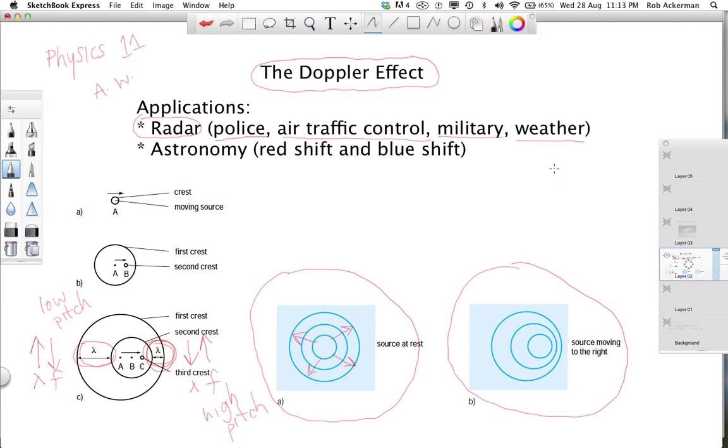One final example of Doppler effect in astronomy, and you should look this up. I'm going to spare you some time without going into it too much. But when astronomers look out at stars and galaxies and whatnot, you might wonder, how can they tell whether any of these things are moving?